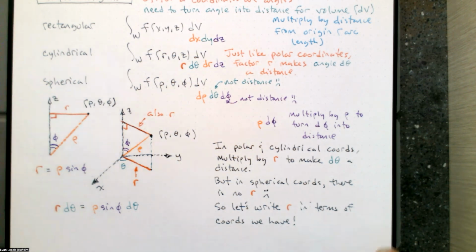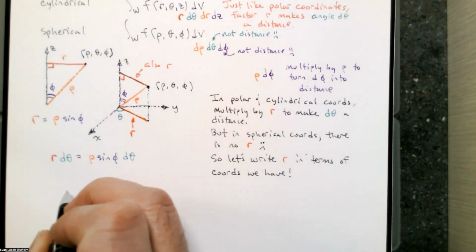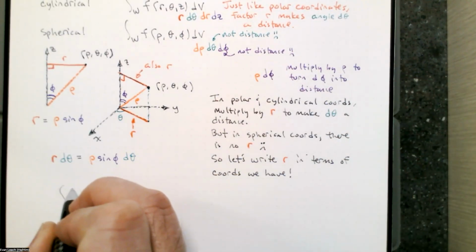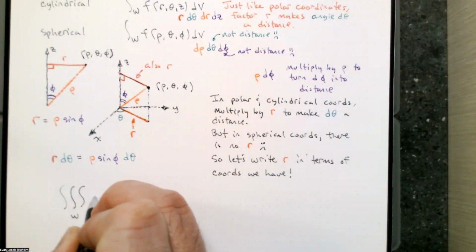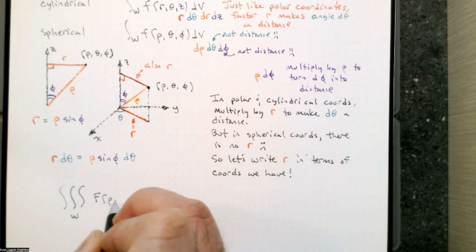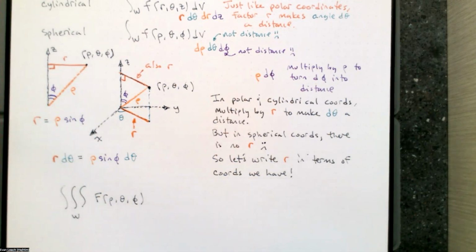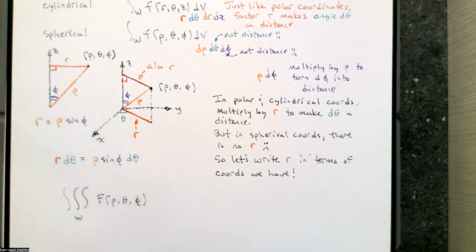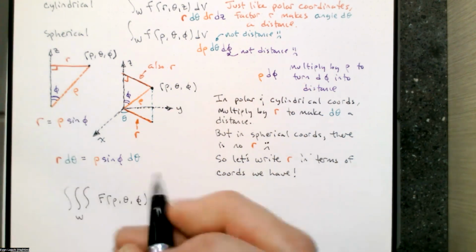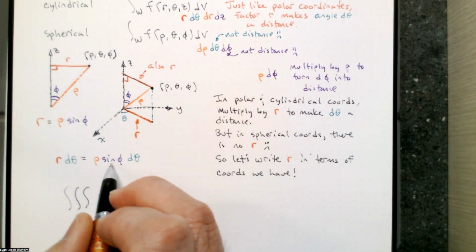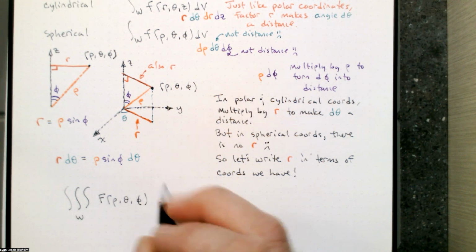So in spherical coordinates, our integral, a triple integral over W of some function of rho, theta, and phi, it's not good enough to just have d rho, d theta, and d phi. I also need rho sine phi times rho. I need rho squared. I'm going to write it out.